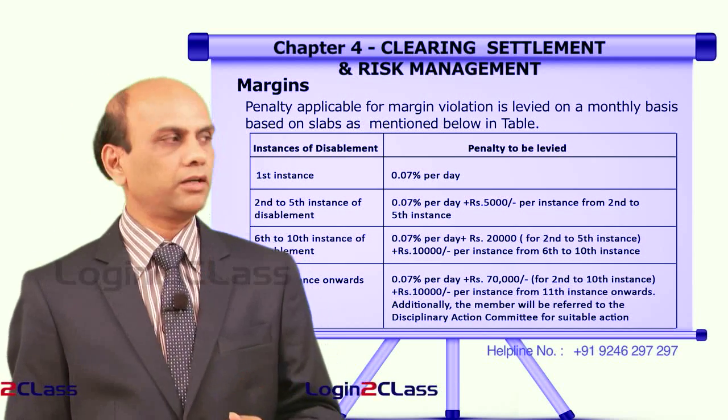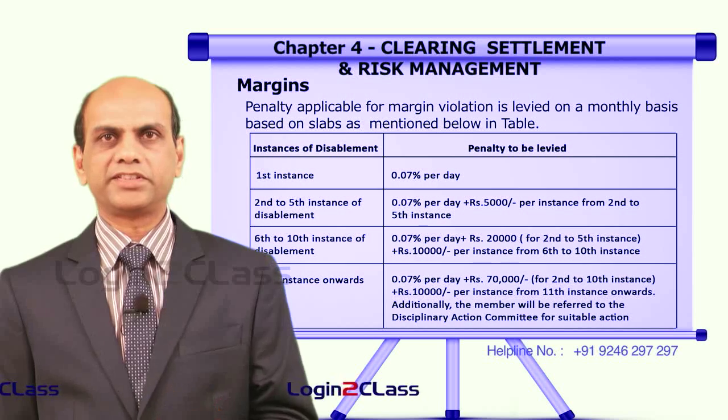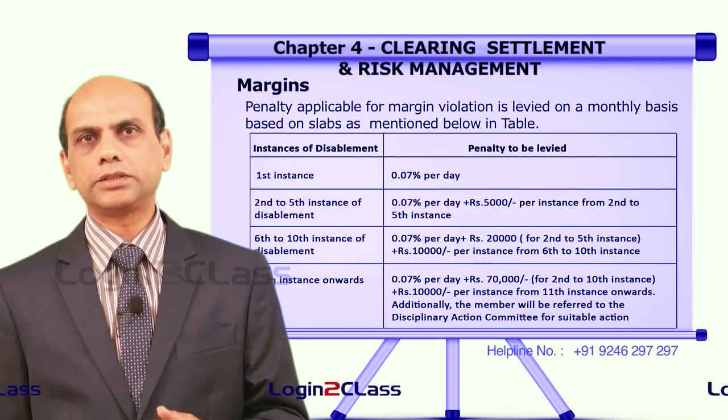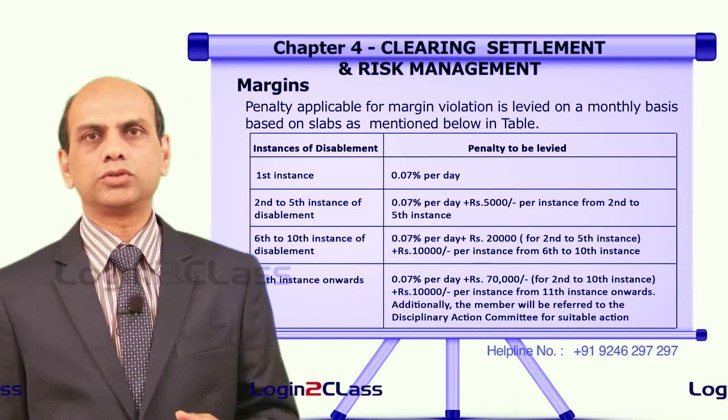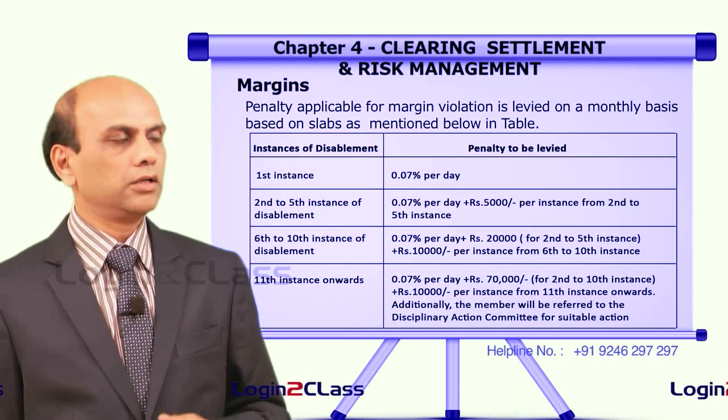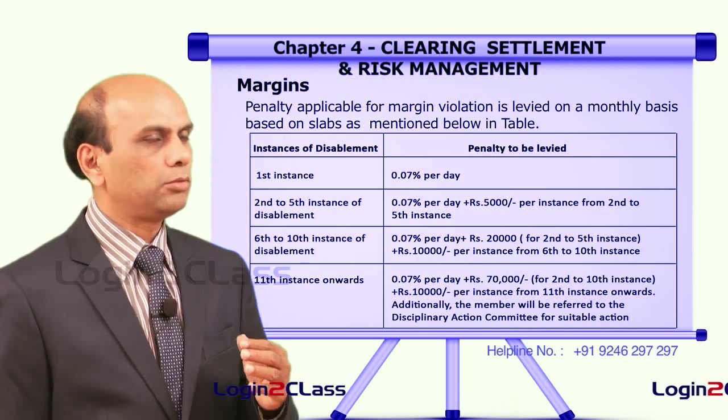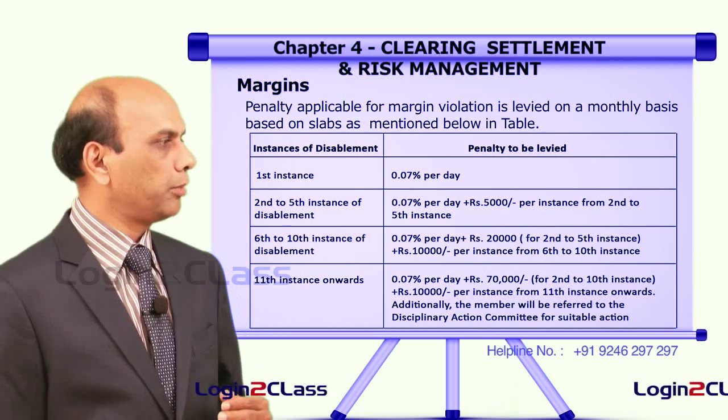So for 6th day 10,000 will be charged, for 7th day additionally another 10,000 is charged, for 8th day another 10,000 is charged. In such manner the levy of penalty will be imposed on the trading member.